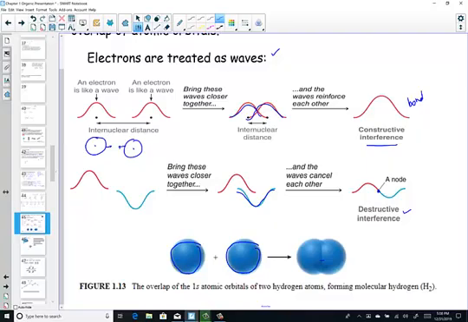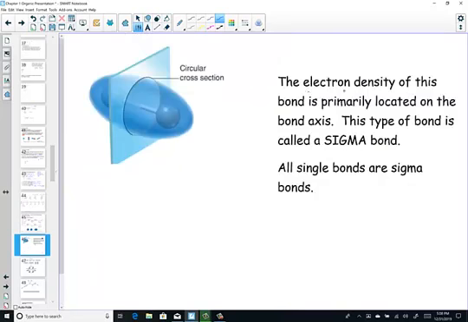When those orbitals overlap, and the major part of the density is located on the bond axis, this is what we call a sigma bond. All single bonds are sigma bonds. So for instance, if an S overlaps an S orbital, it's lying on the same axis, so an S-S overlap is a sigma bond.